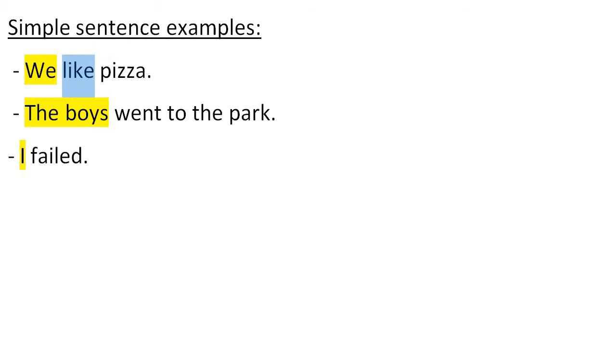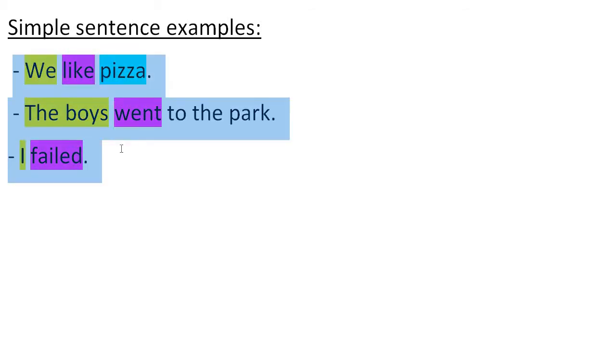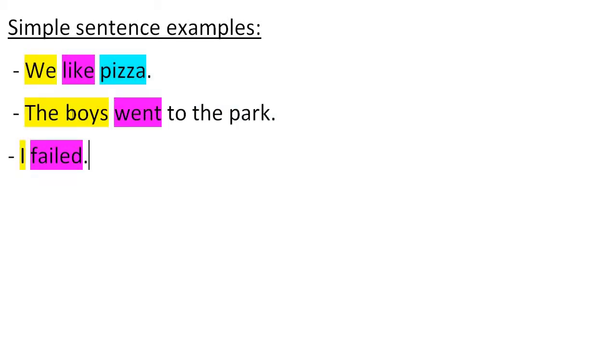So here we have the verb being like, and went over here, and failed over here. Now, the first sentence has something that the other two don't. It has a direct object. So pizza here being the object. That doesn't change anything. These are all still simple sentences and independent clauses because they are one thought. All right. So let's move on to what makes a complex sentence.